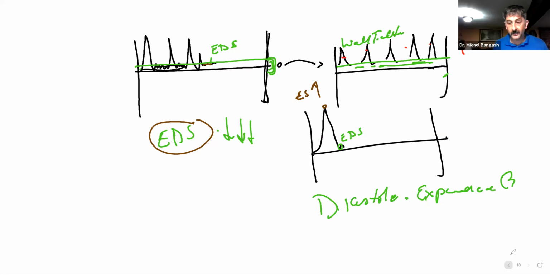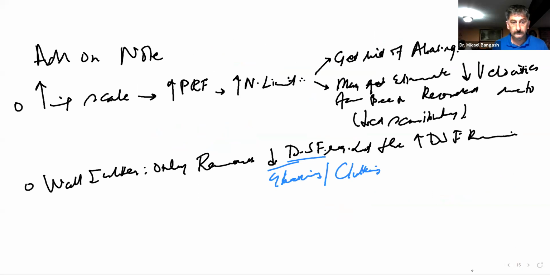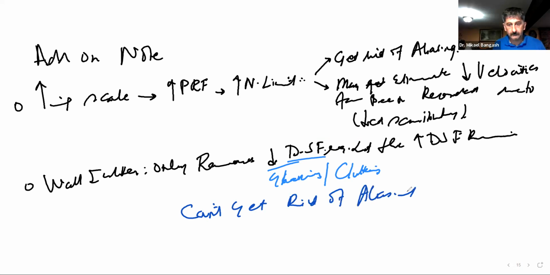But what the wall filter won't be able to do is get rid of aliasing. Because what was aliasing?